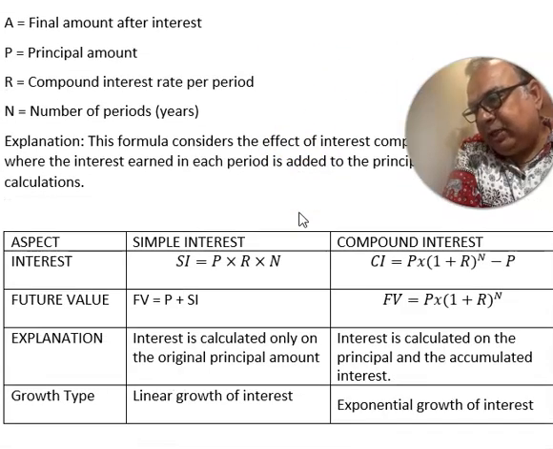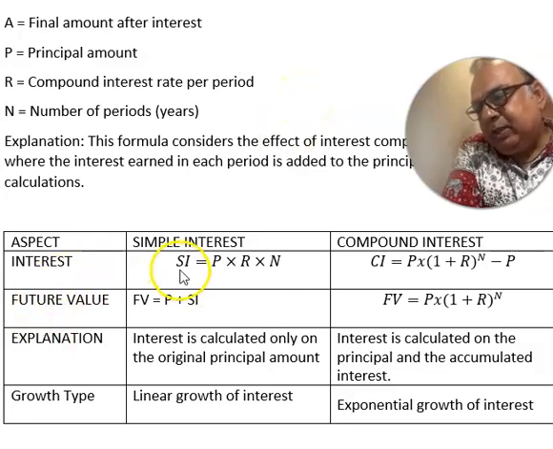Now we will understand the difference of both in tabular form. Simple interest P into R into N. In this formula, you are getting only interest.